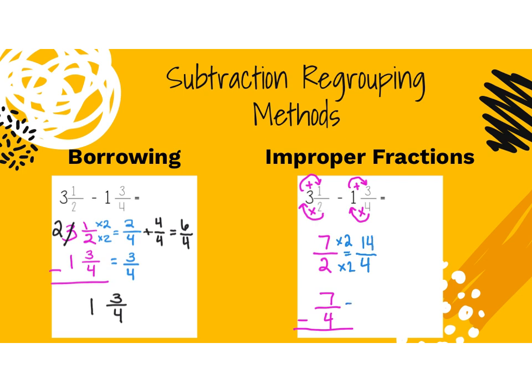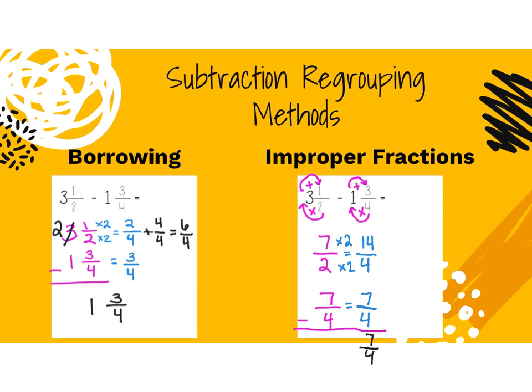Because my other fraction already has a denominator of 4, it will just stay the same. So now we are ready to solve. My denominator will remain the same, and 14 minus 7 is 7.